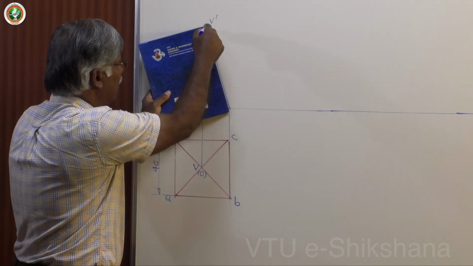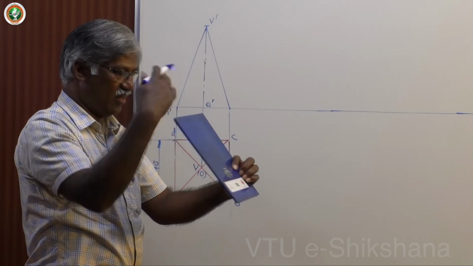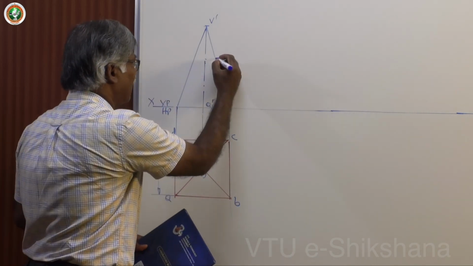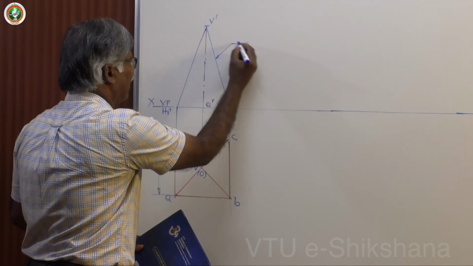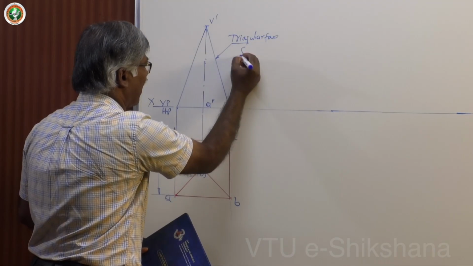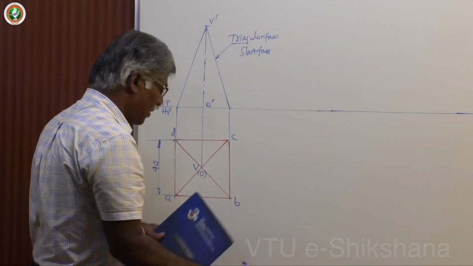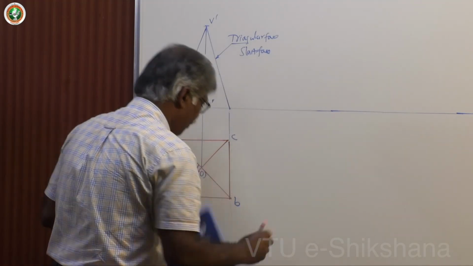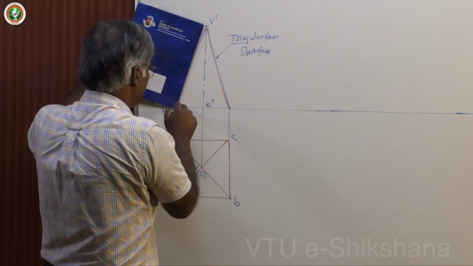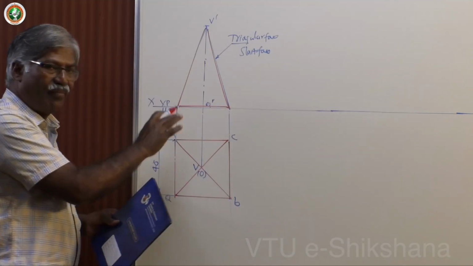Concept of visibility: whenever a surface is perpendicular to VP, this surface is represented by a line. This particular line represents the triangular face or slant face. Now, dark this. Yes, we have completed the front view.